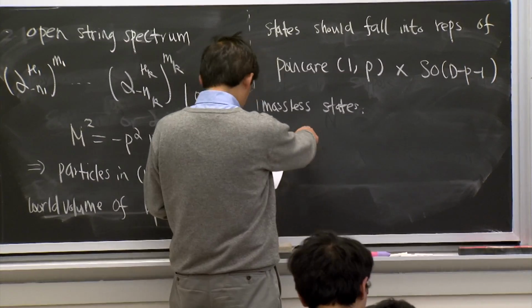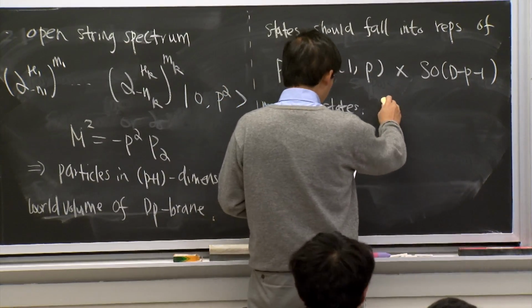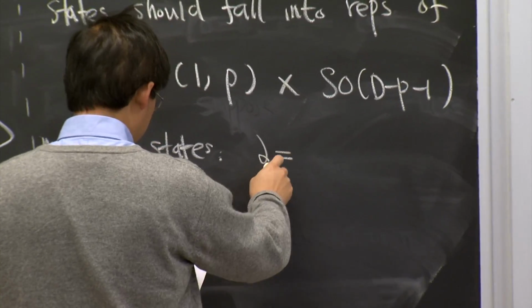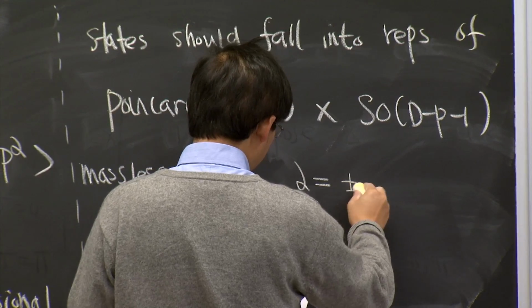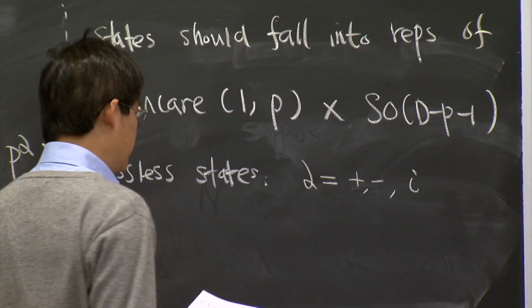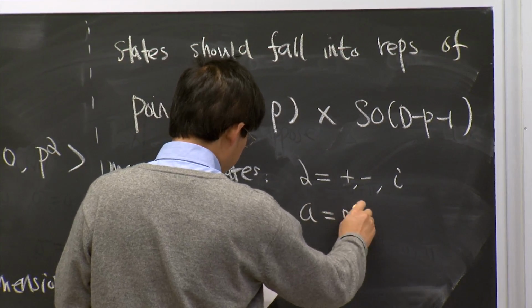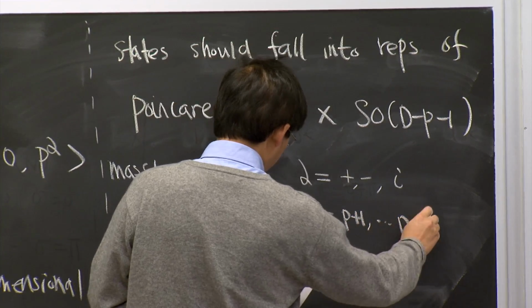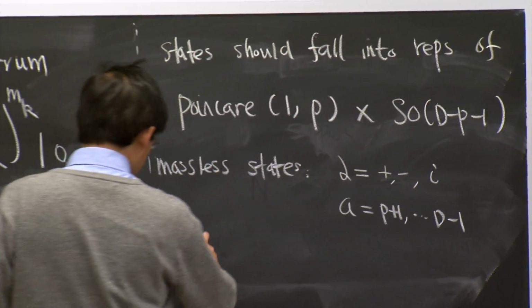So let's talk about massless states. Again, we'll use the light cone. You can separate the directions into plus, minus, and I in the Neumann direction, and in the Dirichlet direction, it's just p plus 1 to d minus 1. And then the massless modes would be the same as before.